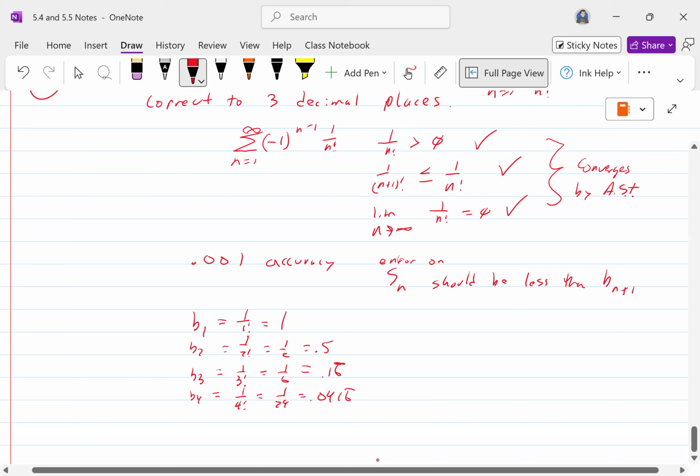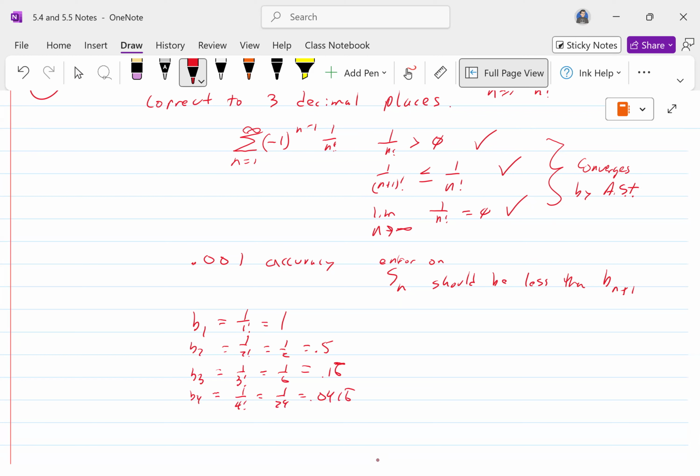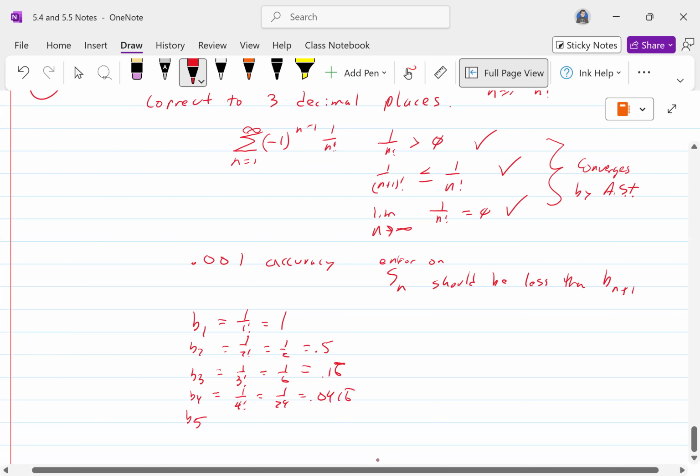We still get a lot of fluctuation, so we're trying to get something that doesn't have a lot of fluctuation. Let's keep going.